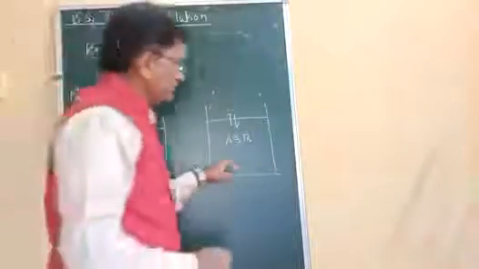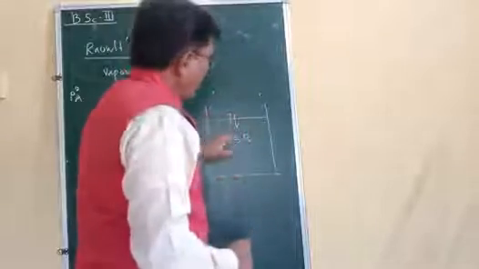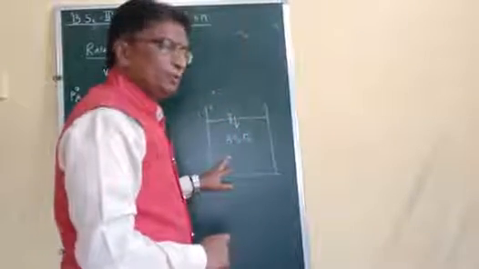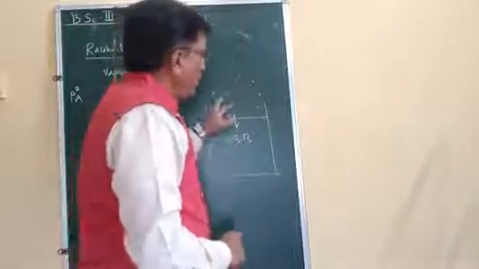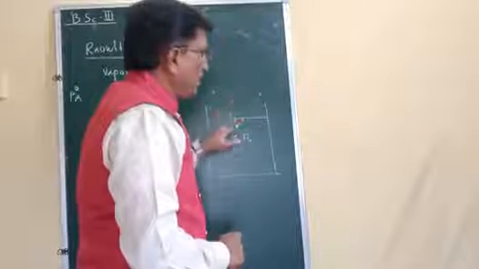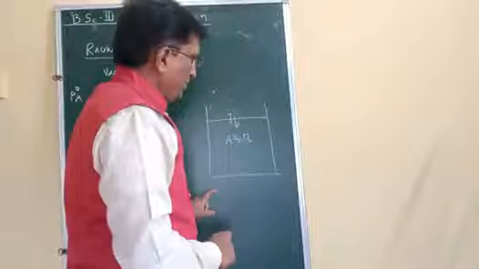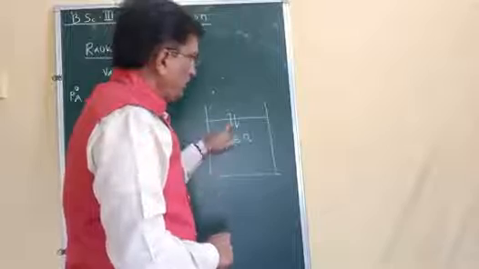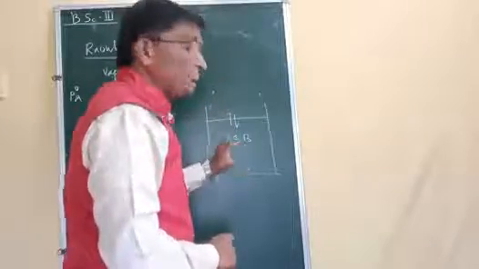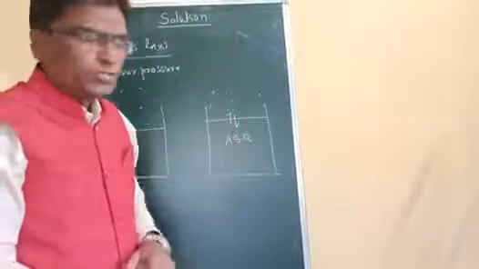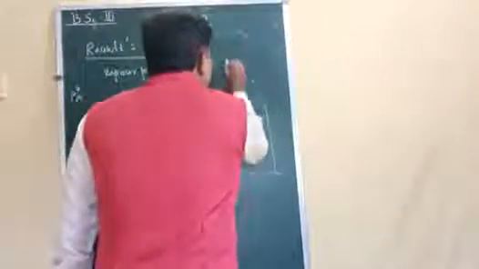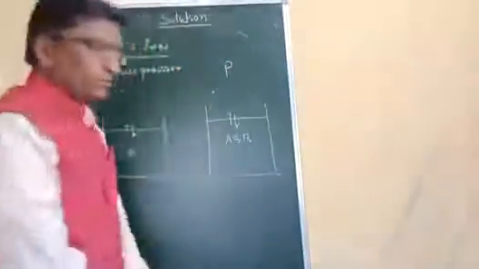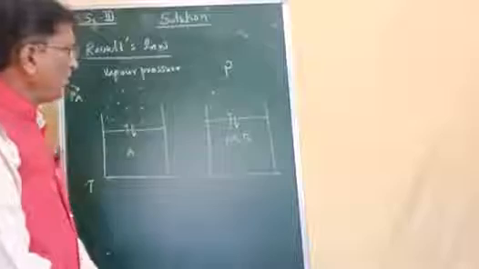Now in this case, the vapor is in equilibrium with the solution. The pressure exerted by vapor at a particular temperature at equilibrium condition is called the vapor pressure of solution, or you may call it the observed pressure.